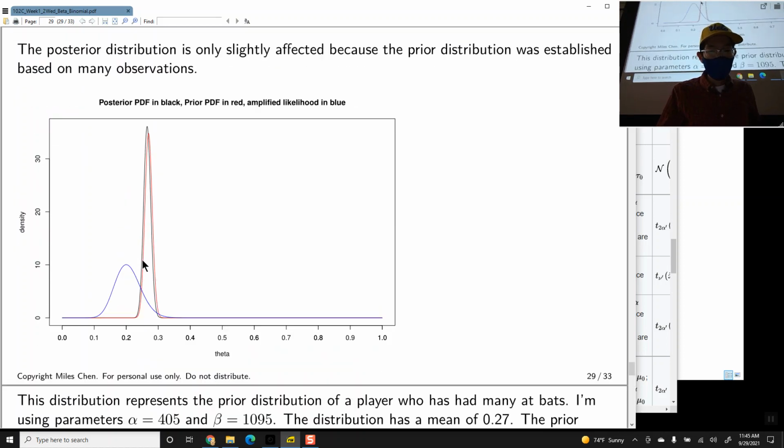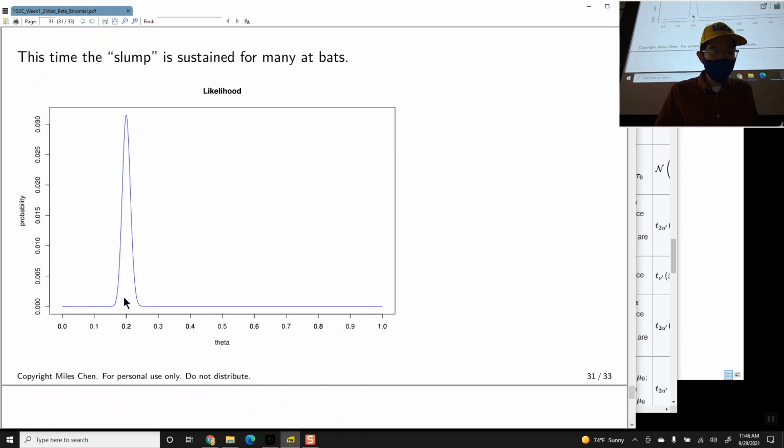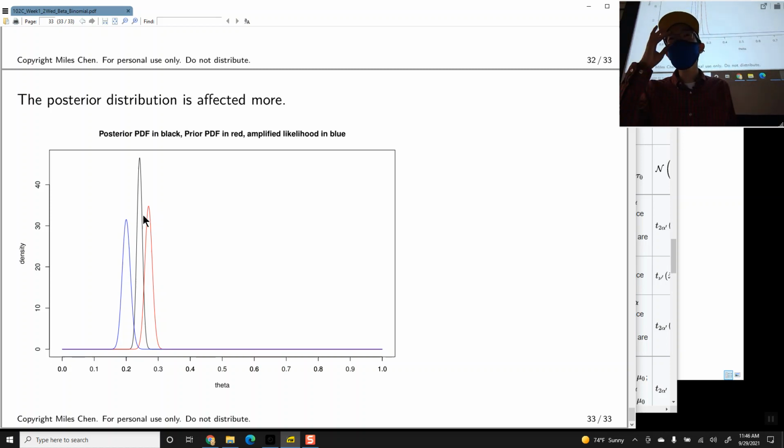So back here, when the slump is only 100 at-bats, but I forget what number I used here, I think something closer to 1,000, okay? Then the posterior distribution is affected and it is shifted further down here. Okay. Does that kind of make sense, what's happening here?